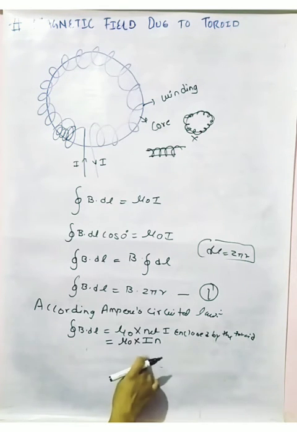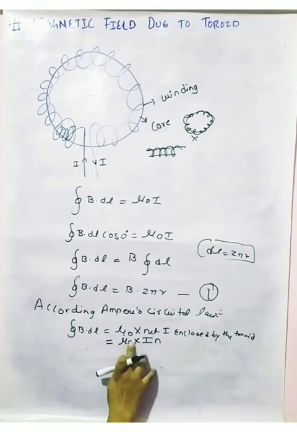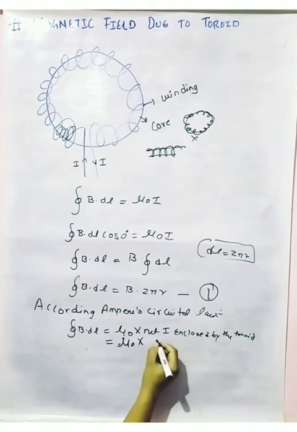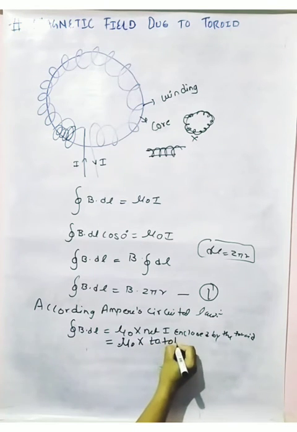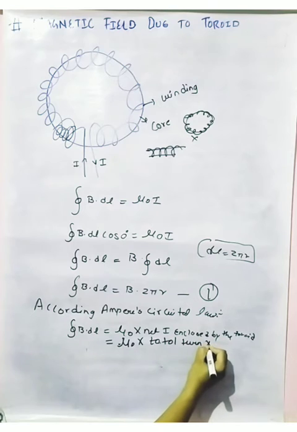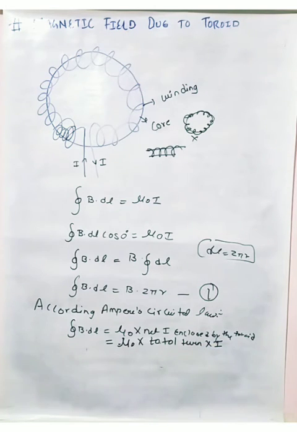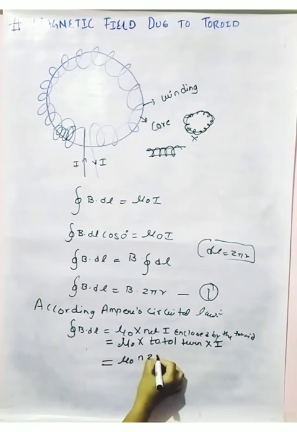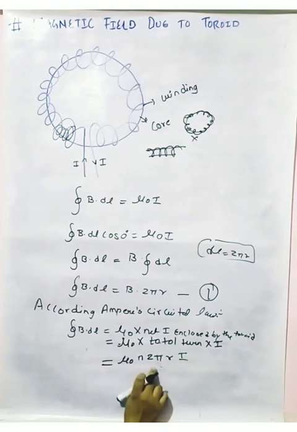So what I am going to get is mu naught into N into 2 pi r, and into I. Why have I written 2 pi r here?